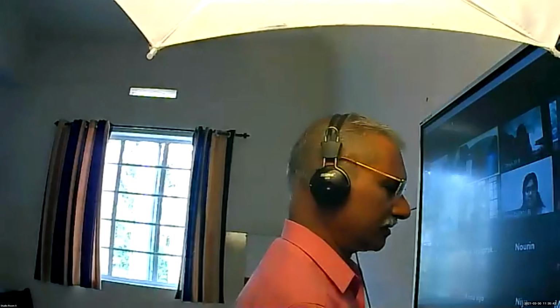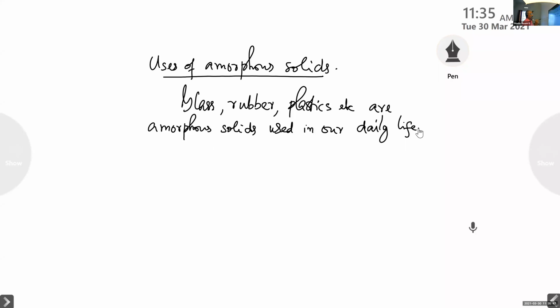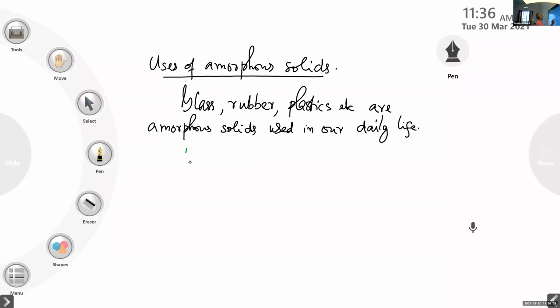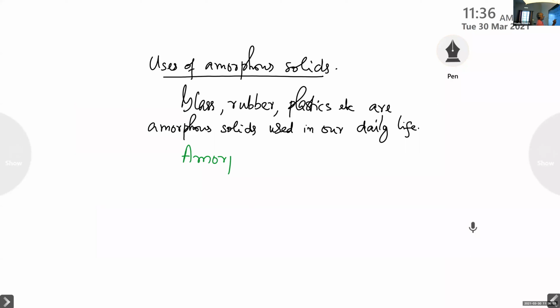So we can write that. Glass, rubber, plastics, etc. are amorphous solids used in our daily life. Next para, you write: amorphous silicon is used in photovoltaic cells.